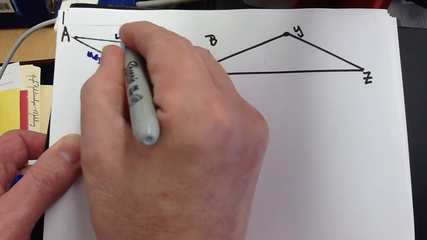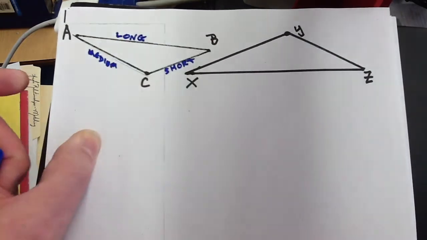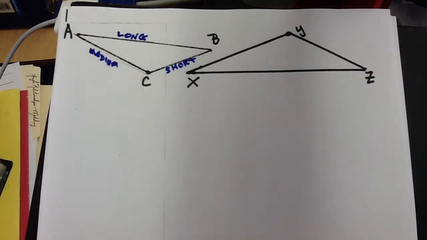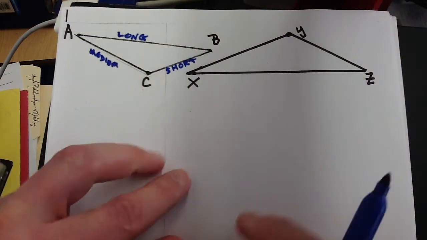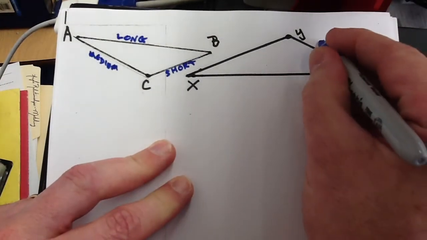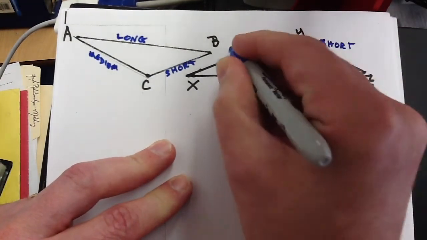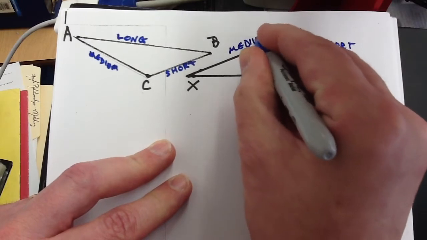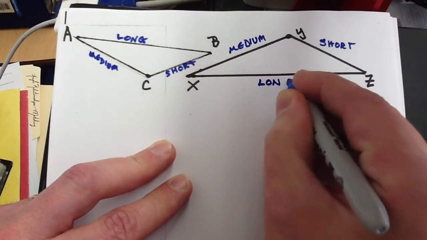In this case, it's pretty obvious by looking, not something we normally do, but if you have no information, that's what you have. So you look at the short, medium, and long side of one triangle, and then you look at the other triangle and figure out where is the short, medium, and long side of that triangle.